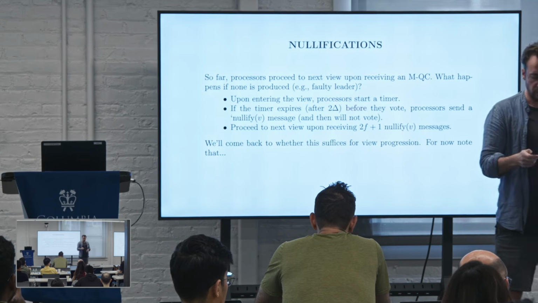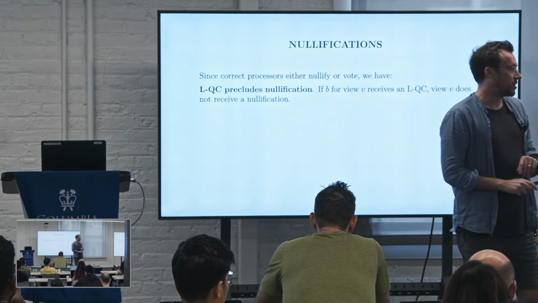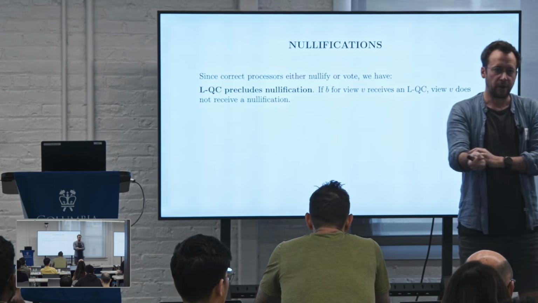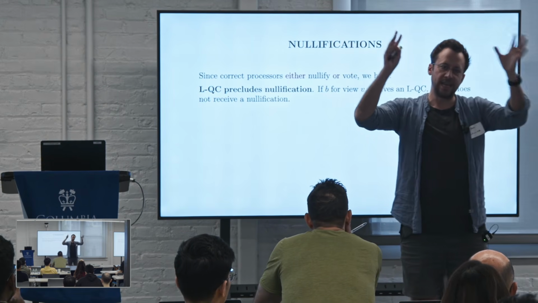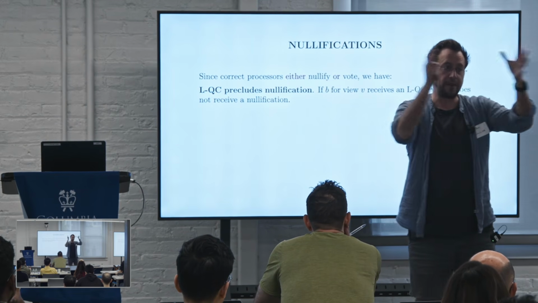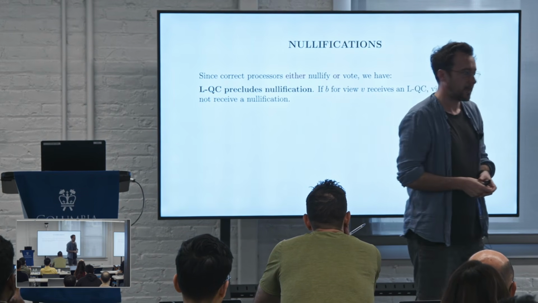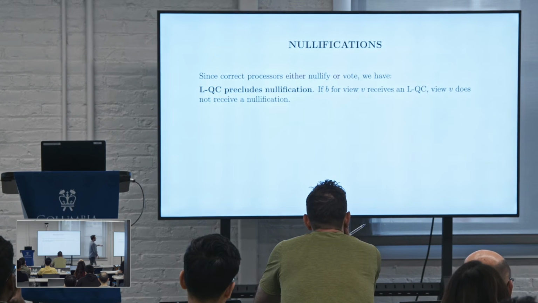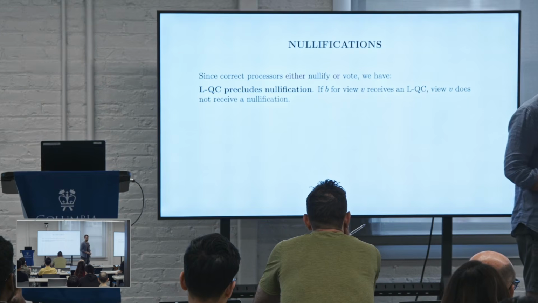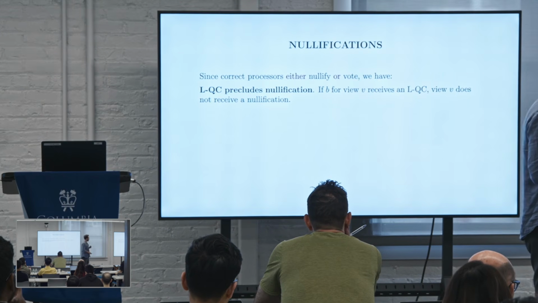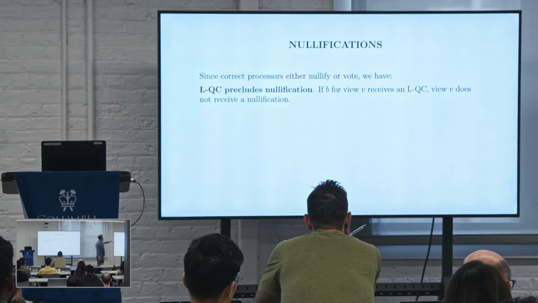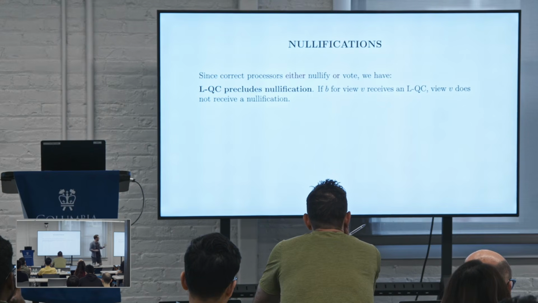For now, I want you to note the following fact, which is analogous to claim 1. Remember, claim 1 was that an LQC precludes an MQC for other blocks. Here's an analogous claim. Since correct processes either nullify or vote, according to the instructions we just wrote, an LQC precludes a nullification for the same view.